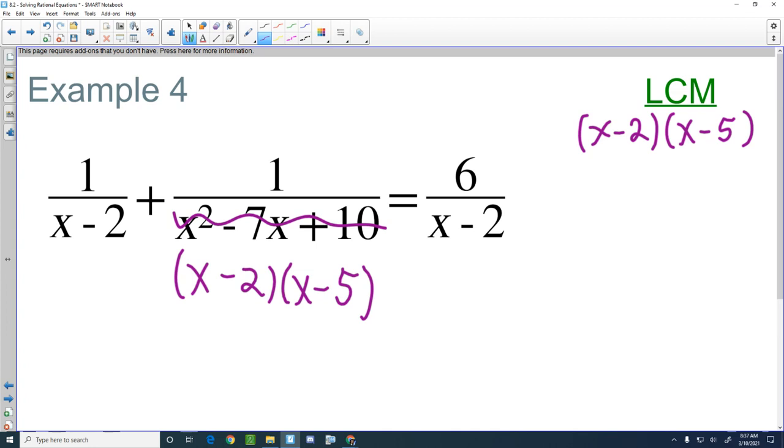I don't think it comes out nice unless I did something wrong. You could have a fraction. Looks good.